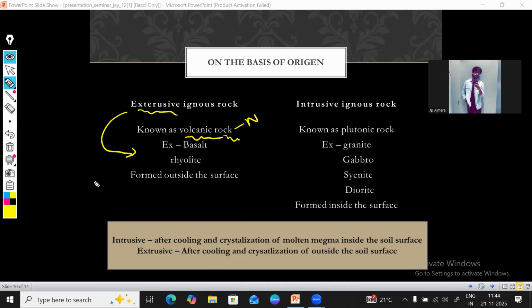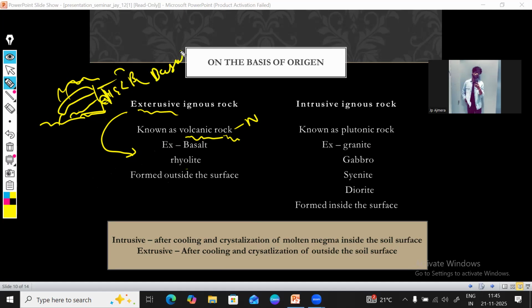Can we keep it simple? You can remember when things go outside the surface. That means in Hindi we call it जब igneous rock बाहर बन रही है. The trick comes from my teacher Atul sir. So when the igneous rock is formed outside, that means वो बाहर बन रही है. So बाहर से याद रखेंगे, बीच से basalt.